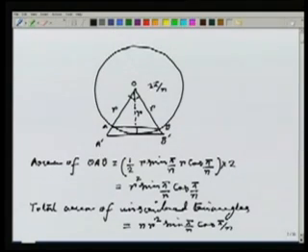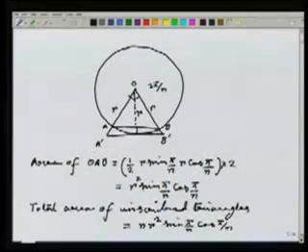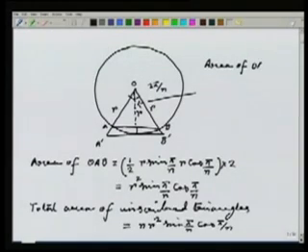Now we will concentrate on the area of the bigger triangle, that is O A prime B prime. Let us see what is the area there. I know the length of this line, this is r, and then I know the angles, those are pi by n's. So again it is half the base into altitude. So the area of O A prime B prime is equal to 2 into half.